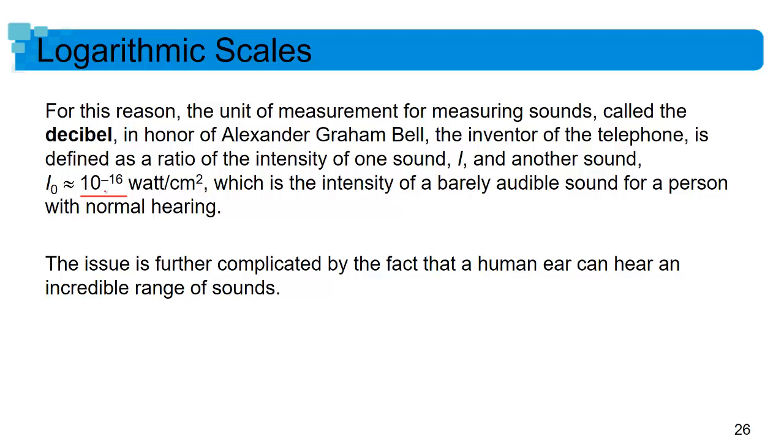And the reason why we don't just put this number in the formula and leave it as I sub 0 is because we might want to recalibrate this equation to somebody with bad hearing, or more importantly, to things other than humans, like dogs and bats and things that have far different hearing than humans.